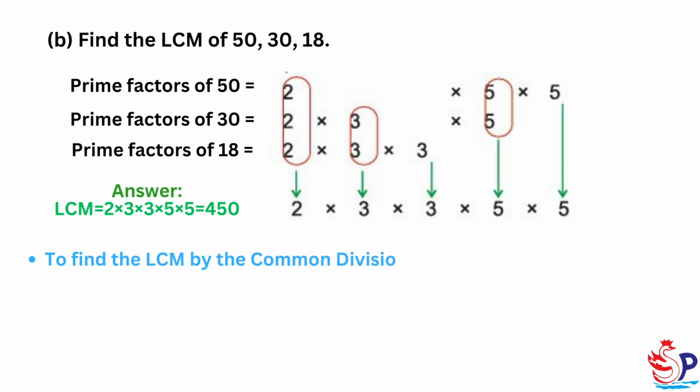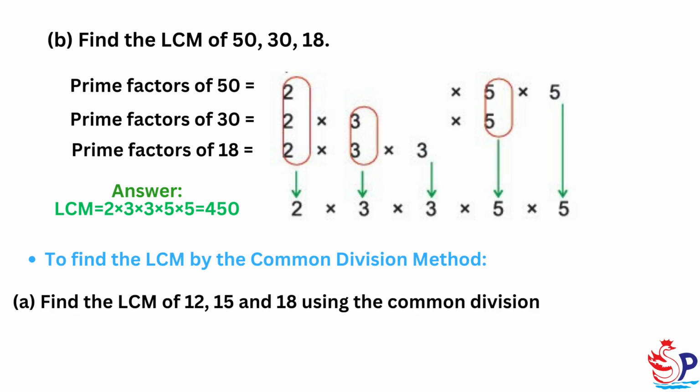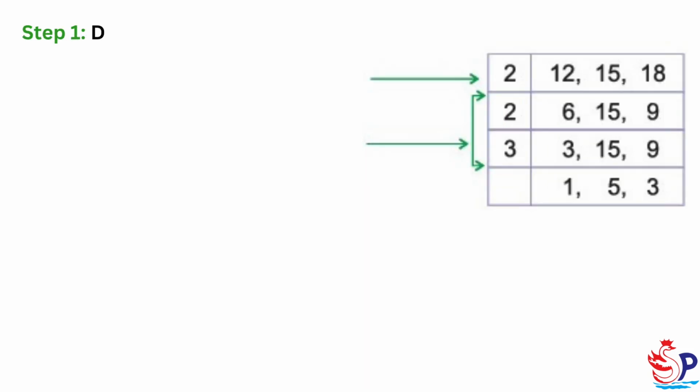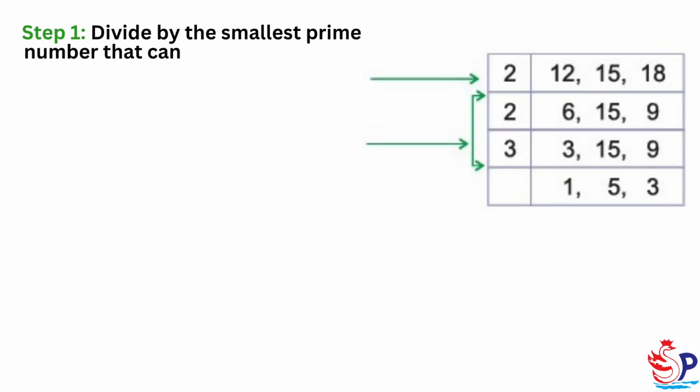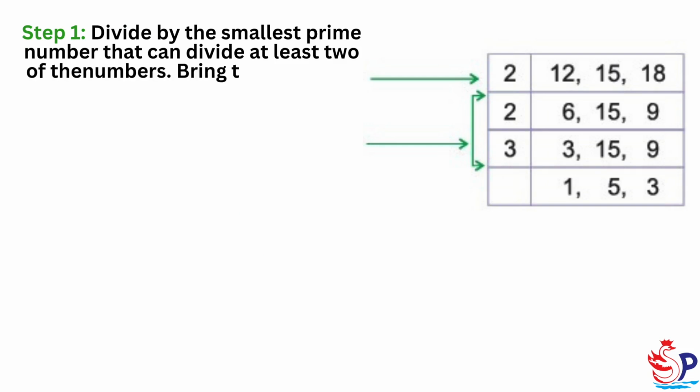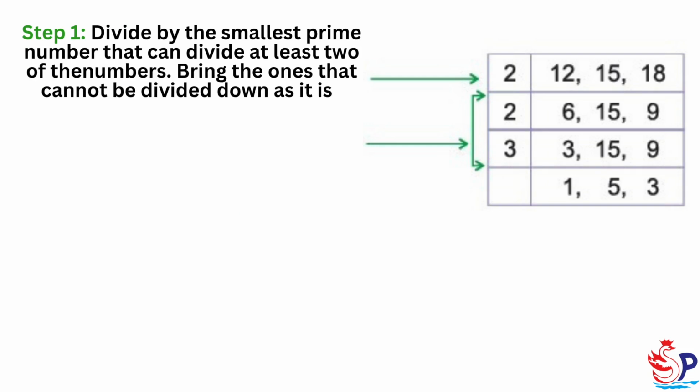To find the LCM by the common division method. A. Find the LCM of 12, 15 and 18 using the common division method. Step 1. Divide by the smallest prime number that can divide at least two of the numbers. Bring the ones that cannot be divided down as they are. Step 2.